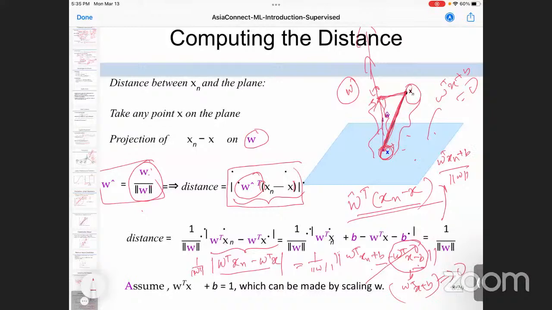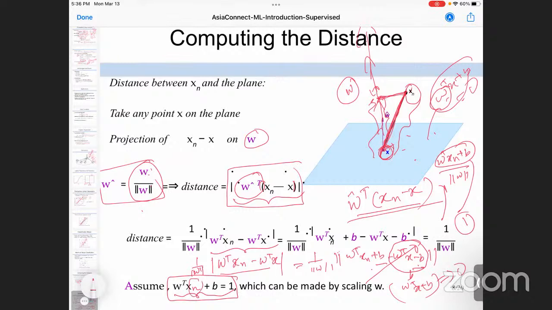Now you can make it 1. We are assuming W transpose xn plus b equal to 1. We can make it so by scaling W. If we change the parameters W and b, we can make this figure 1. So let's assume this is 1.